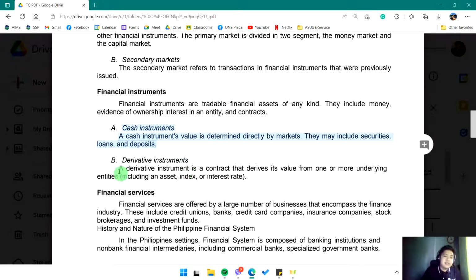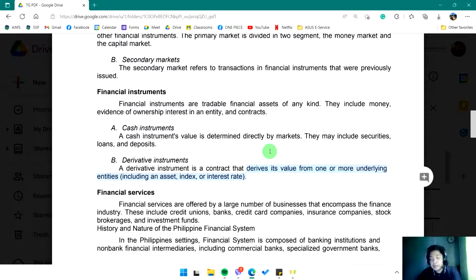Wherein derivative instruments naman po, these are financial instruments that derive their value from one or more underlying entities. Ibig sabihin po, wala pang actual value yung mga derivative instruments natin, and we need an underlying entity to identify the value of our derivative instruments.